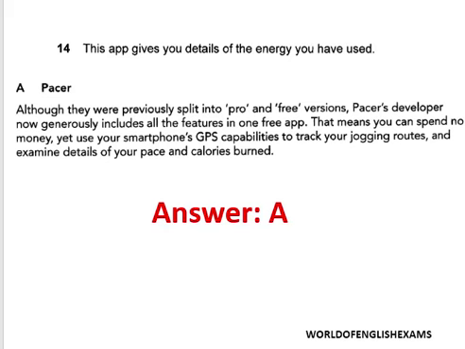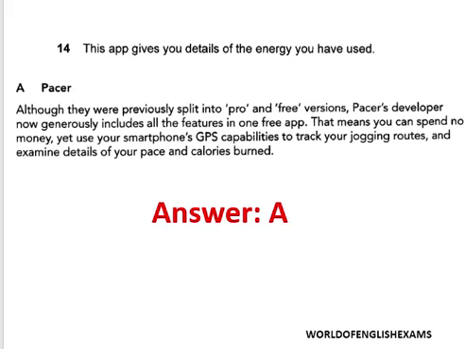Now the last question in this set of matching questions. This app gives you the details of the energy you have used. So here the keywords are energy used. Let's read this passage, the paragraph called A, Pacer. So as we already read that all the features in this app are free, we'll continue reading from there.